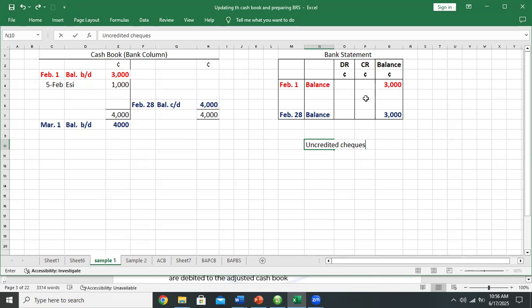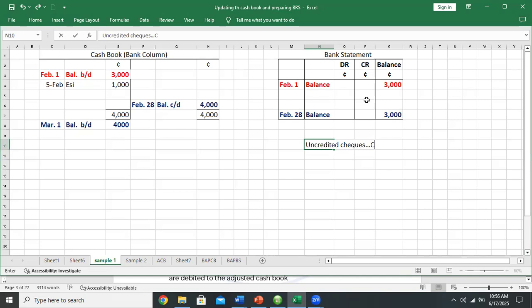So professors, if you want to find uncredited checks, what you do is to compare the debit side of your cash book to the credit side of your bank statement. Please, I think you should all note that.